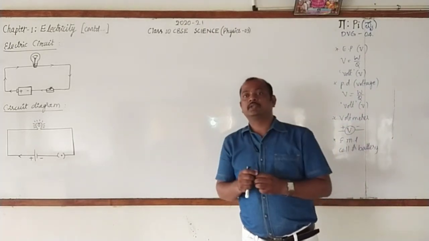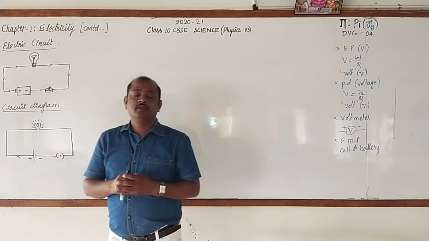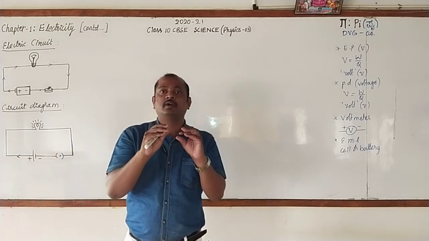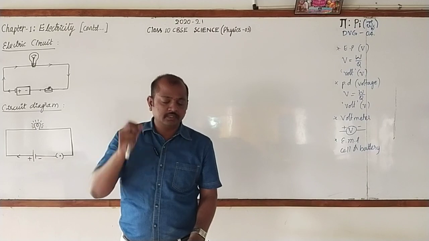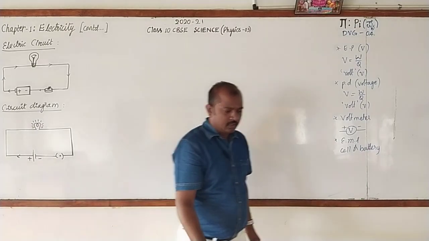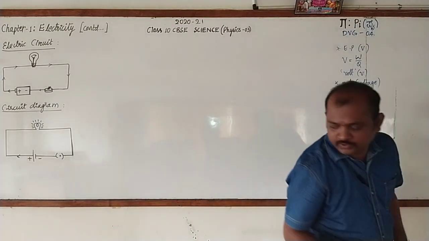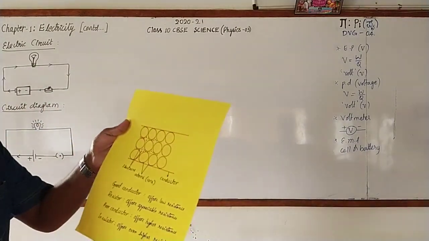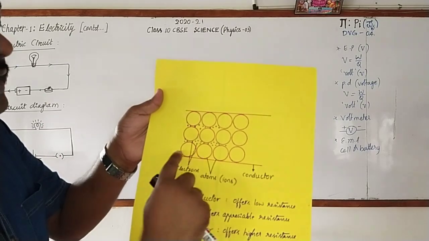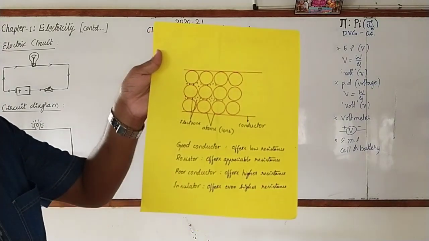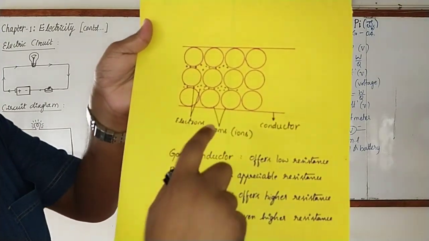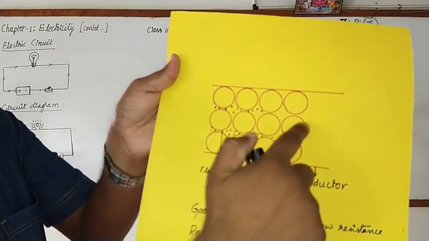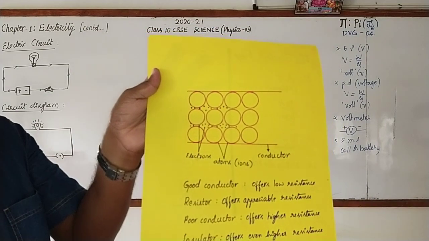Now, what is it? To know that, let us understand the arrangement of atoms present in the conductor. Here also I will show that with a chart. Look here. Here I have taken a conductor, and an enlarged part of the conductor is shown, and in that plenty of atoms will be there.